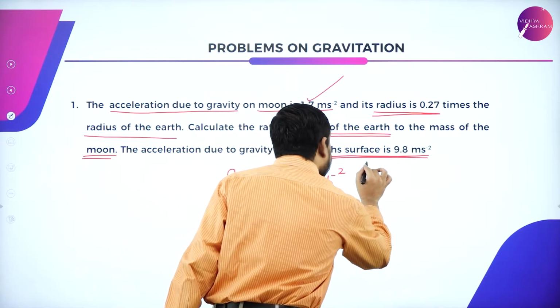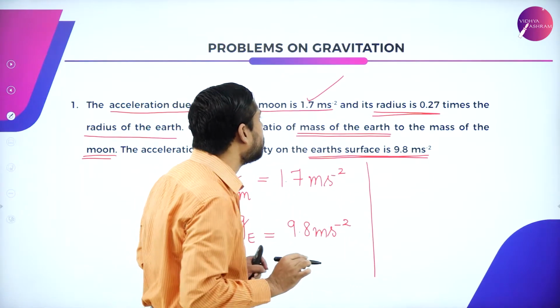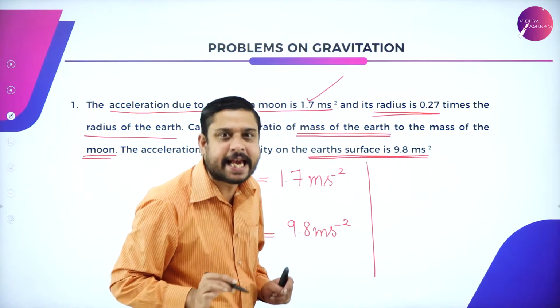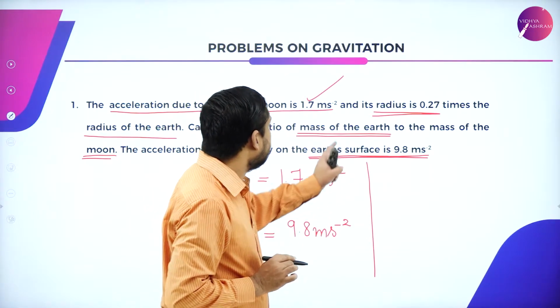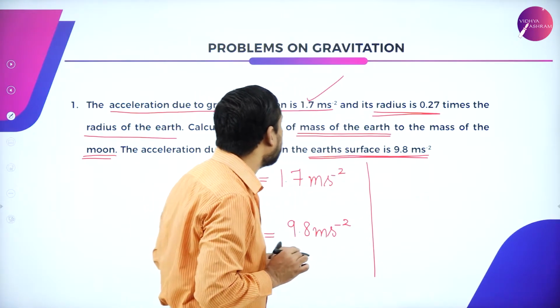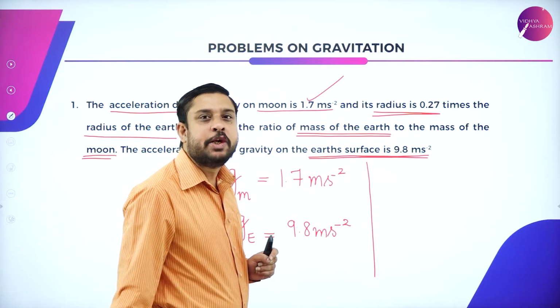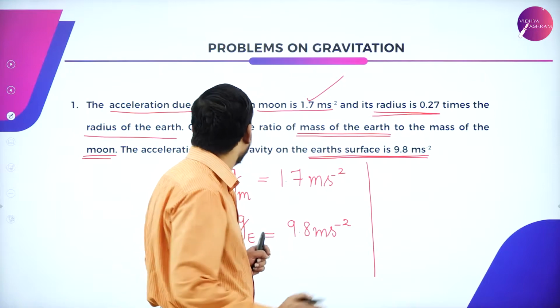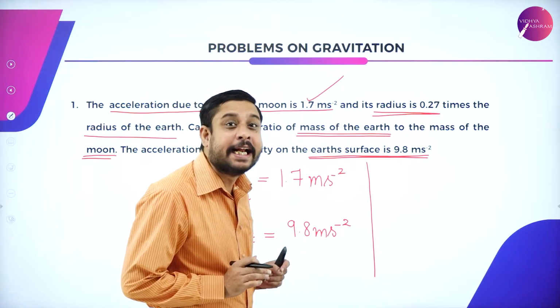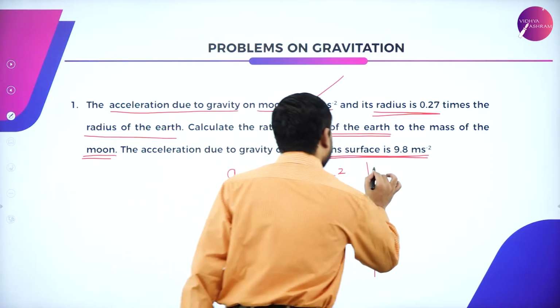And moreover, the problem says the radius of the moon is 0.27 times the radius of the earth.